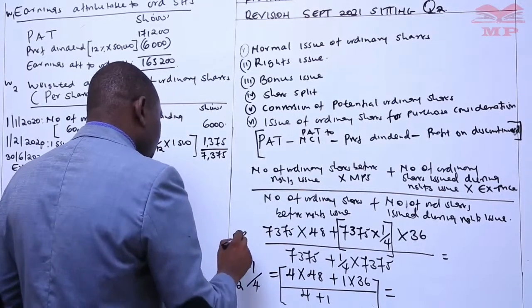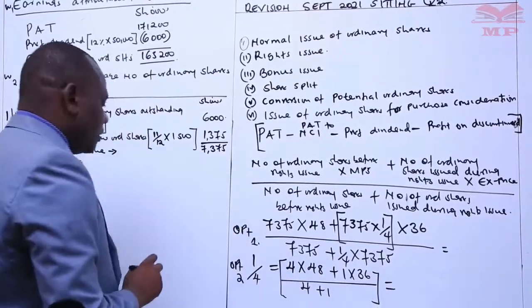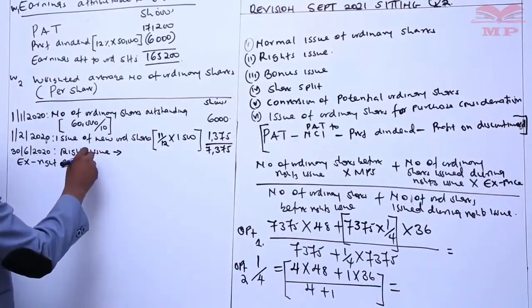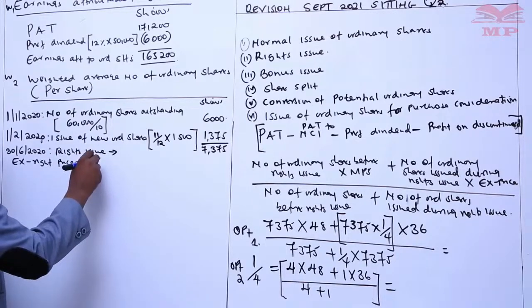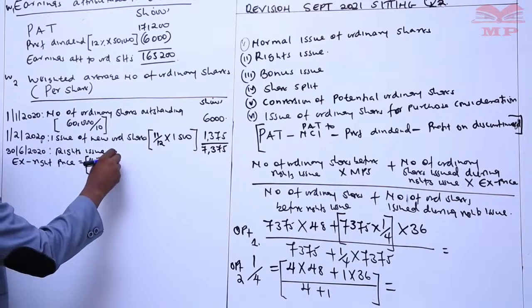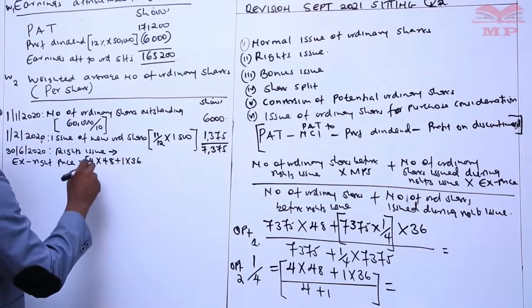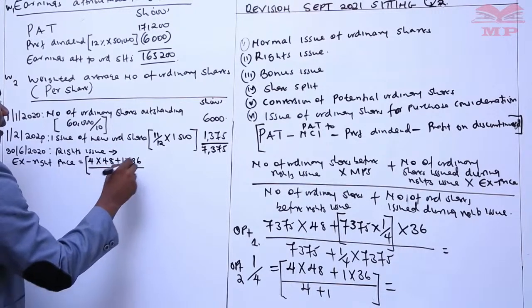This is option 1. So for my ex-rights price, I can adopt option 1 or option 2, which is 4 times 48 plus 1 times 36 over 4 plus 1.